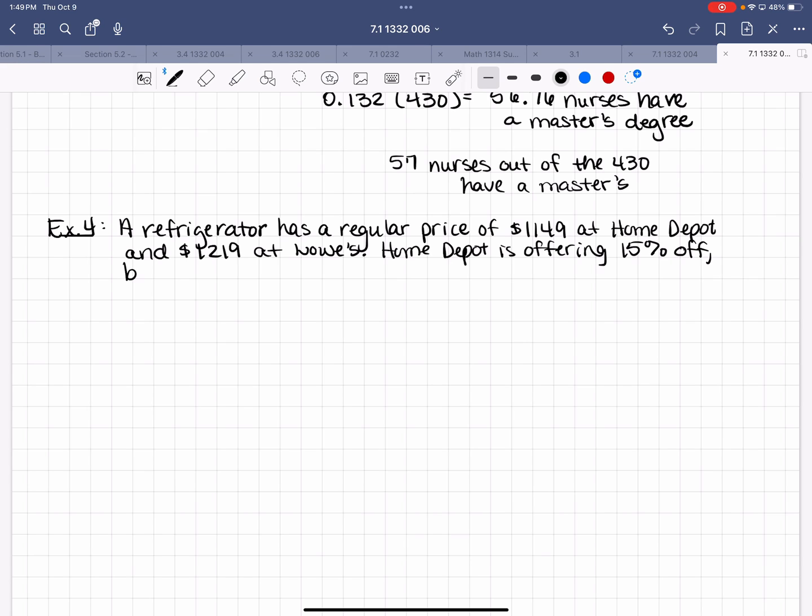But Lowe's offers $200 off if you put the purchase on store credit.